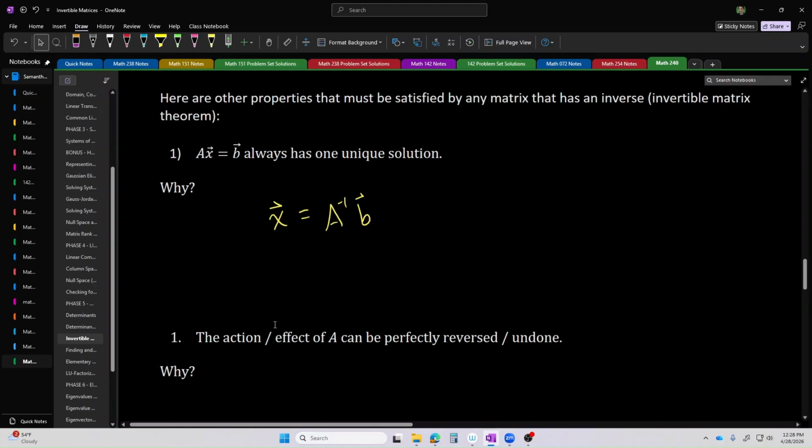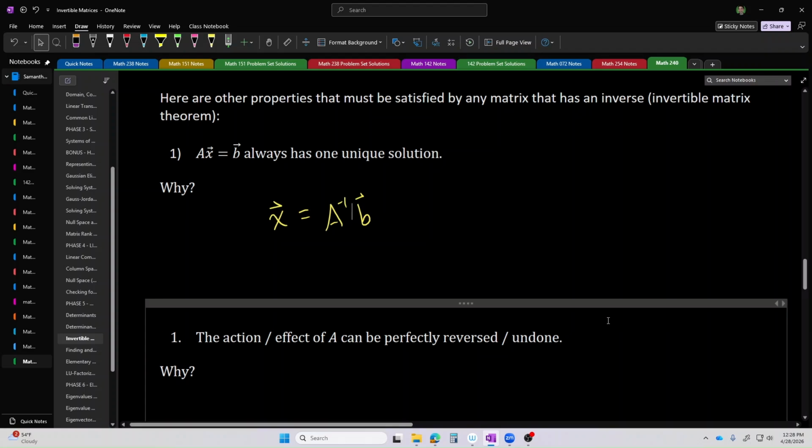So there's only one possible outcome to this equation when an inverse actually exists, and that is x is equal to the inverse times the b. So if you're dealing with a matrix A that has given rise to infinite solutions, or to no solutions, then a matrix like that cannot possibly have an inverse, because a matrix with an inverse always gives rise to a single unique solution when solving matrix equations.